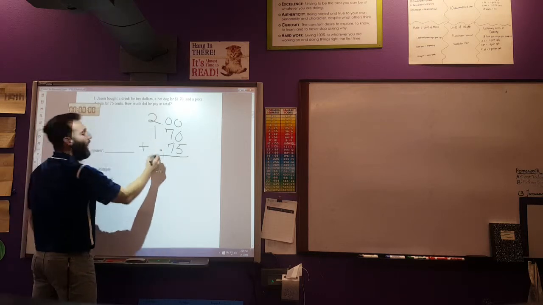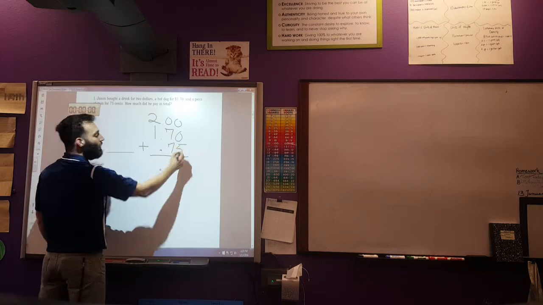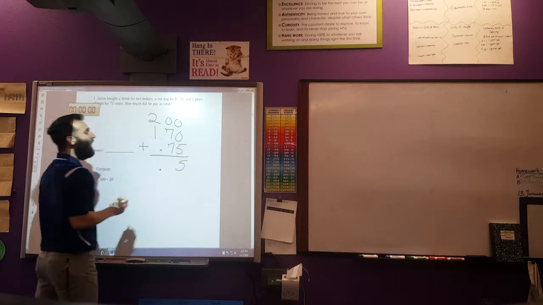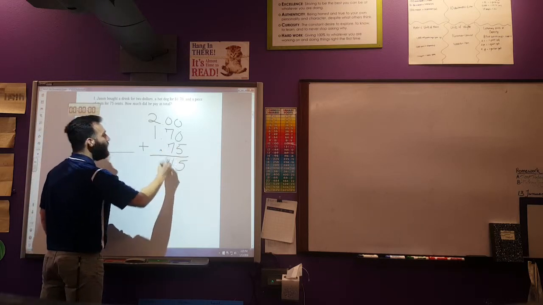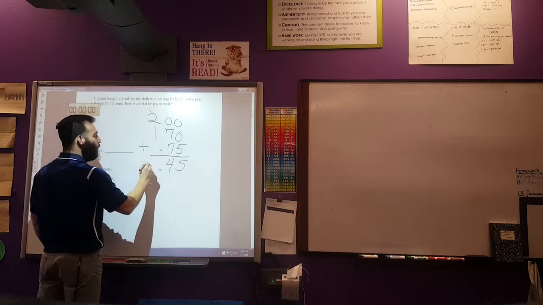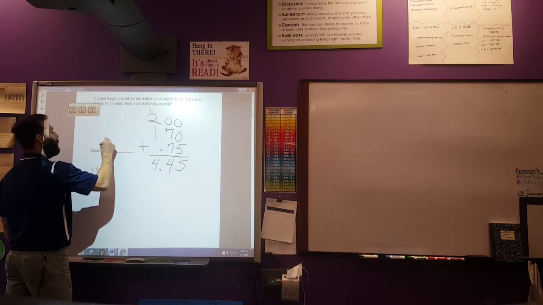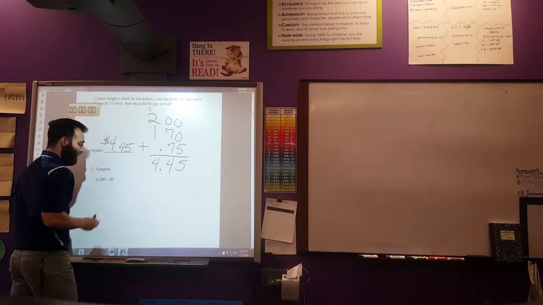Before I start adding, I'm going to move my decimal straight down here. So I add 0 plus 5 to give me 5, 0 plus 7 to give me 14, and I carry the 1. 1 plus 2 is 3, plus 1 is 4, for a total of $4.45.